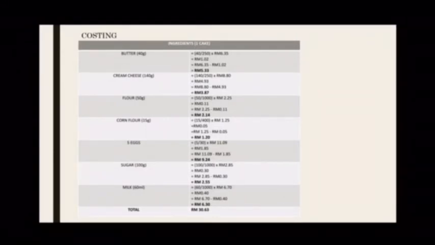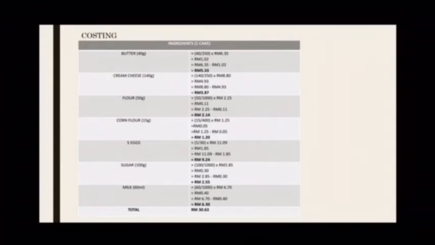And then the fourth one is corn flour 15 gram. The price of corn flour is 1 ringgit and 25 cents. So the cost that we use for corn flour is 1 ringgit and 20 cents. For 5 eggs, the price of 30 eggs is 11 ringgit and 9 cents.